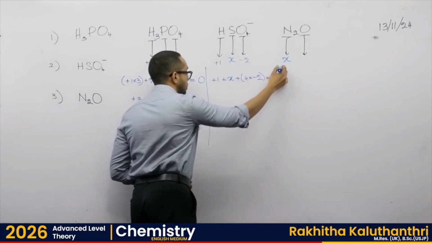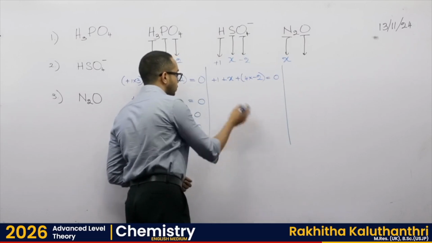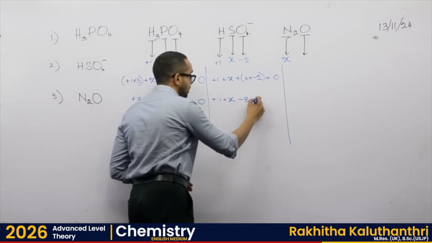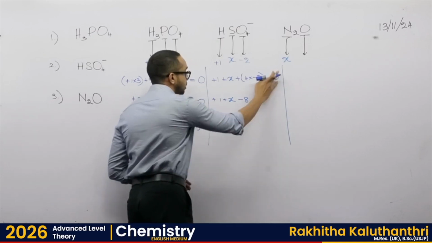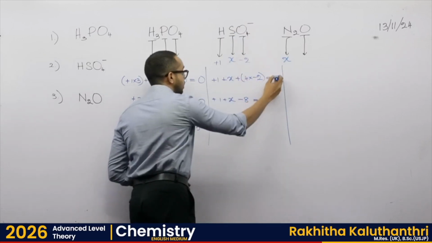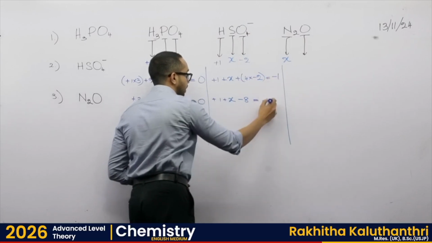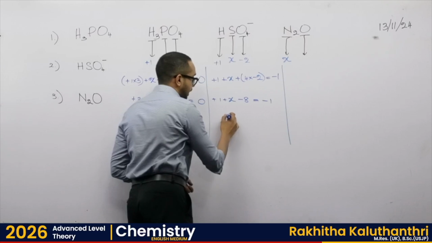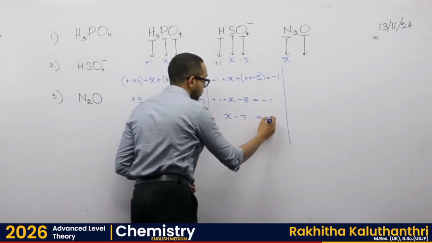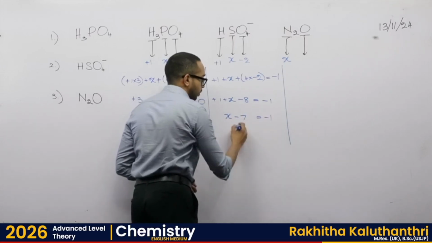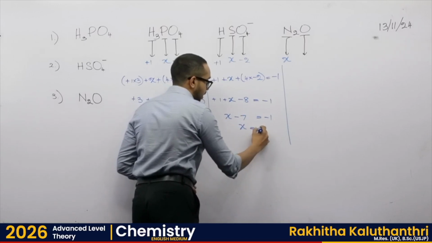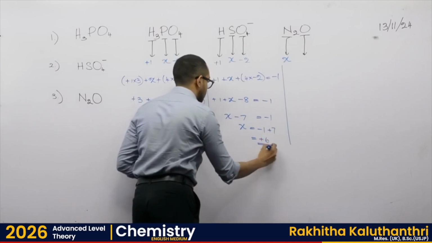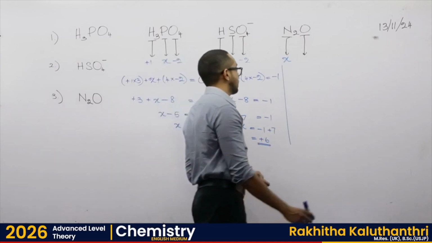This is equal to 0, not actually 0, this is equal to -1, the charge over here is -1. So therefore we have x - 7 is equal to -1. When you send the -7 to the other side, it will be -1 plus 7, which is +6. X is +6, that is correct.